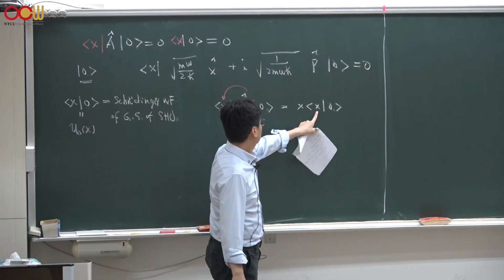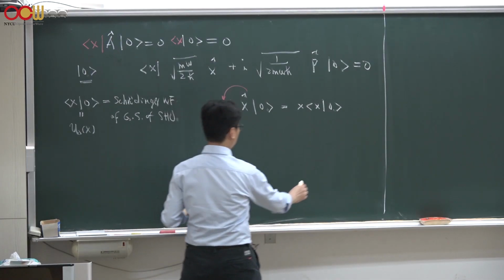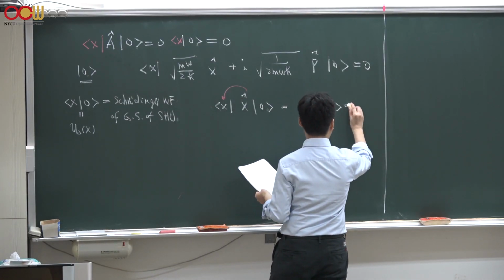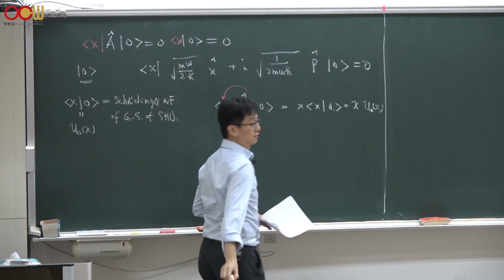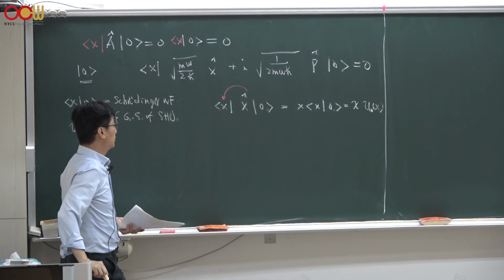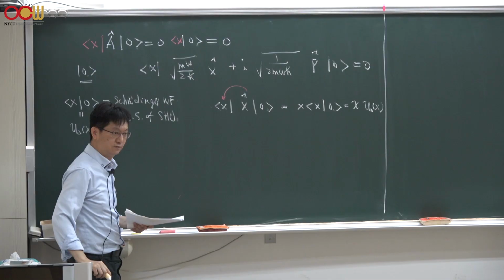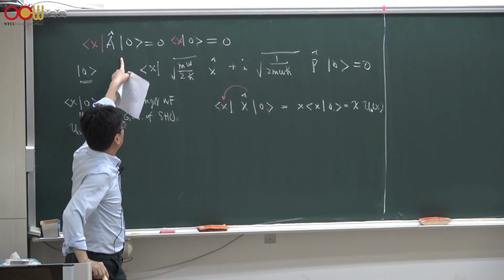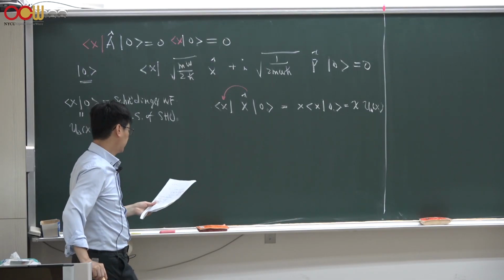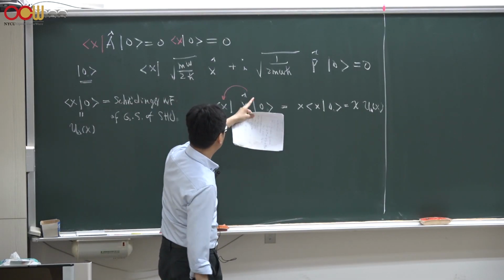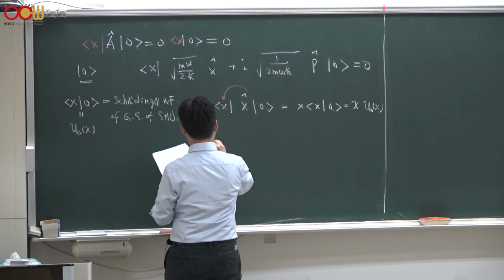So then you get this result, and by definition this is x times u0 of x, right? And u0 of x is what we need to know.